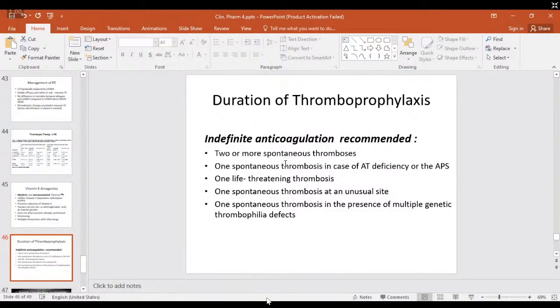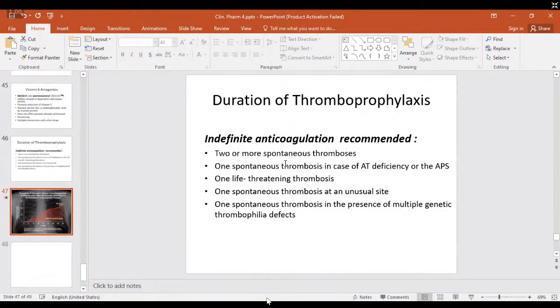So if they're taking a vitamin K antagonist, their INR should be constantly monitored, and their VKA dose should be adjusted according to this INR. But if this DVT or this venous thromboembolism is another episode, so if it has occurred for the second or even third time, this means that it's a better idea to leave this patient on anticoagulation for life. So never stop the anticoagulation.